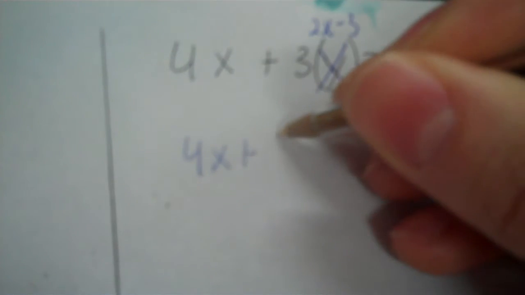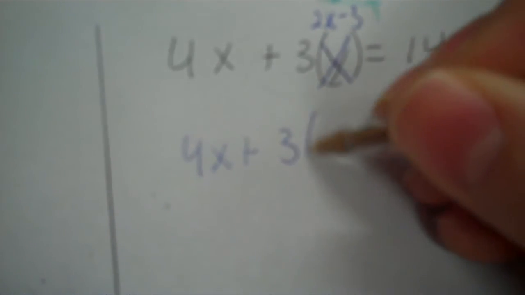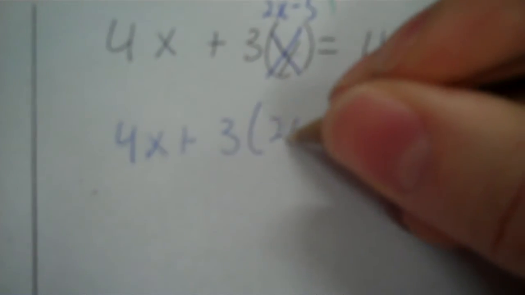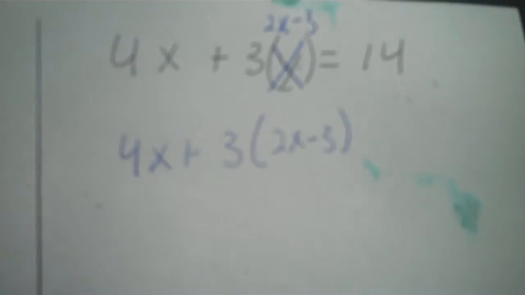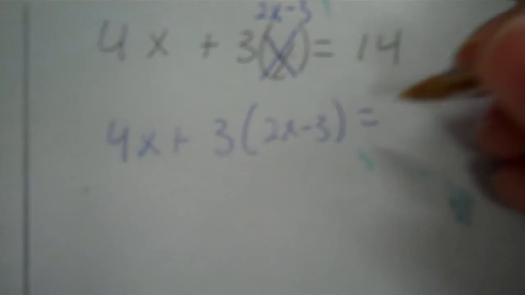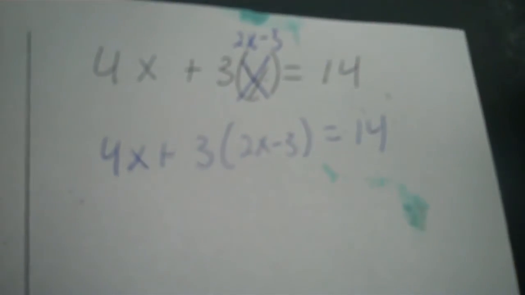Okay, so cross that y out and put the replace expression, the whole thing, 2x minus 3, just copy it. So you have 4, you have x, you copy till you get to your parentheses, and then parentheses, and instead of putting a y, we put 2x minus 3 and close the parentheses. Now after the parentheses, we write the rest of the problem, just equals and then 14. Okay, that's it.